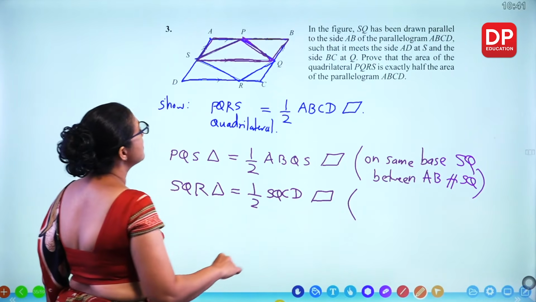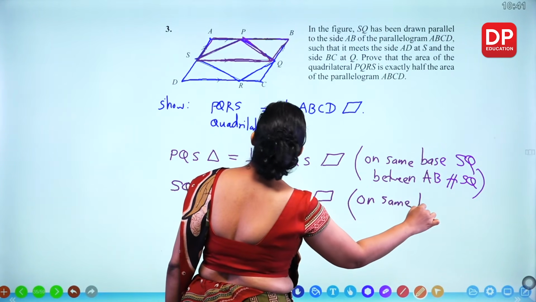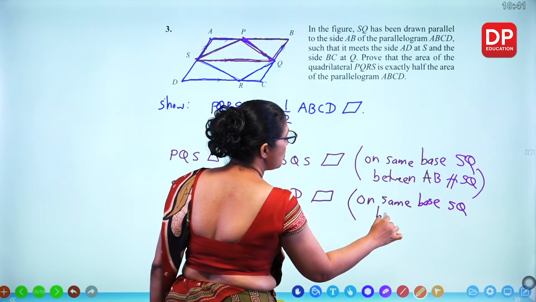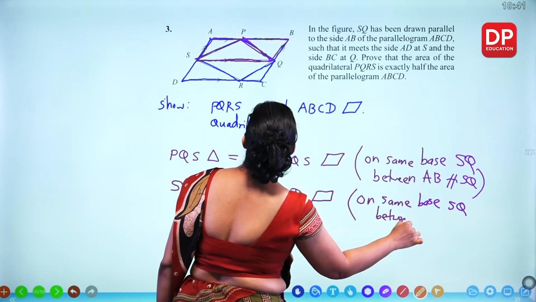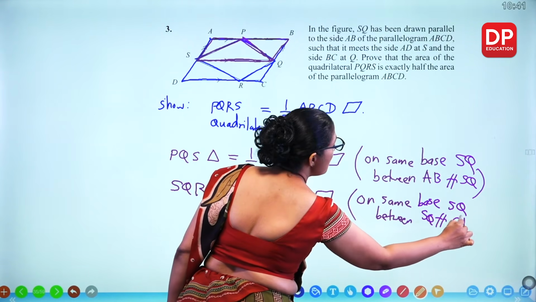What's the reason? On same base SQ and between SQ and CD parallel lines.